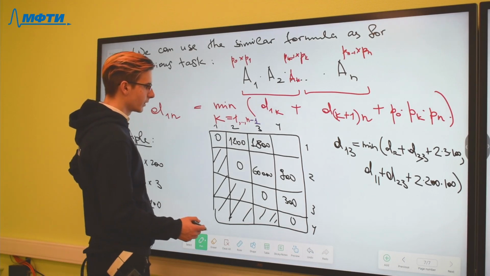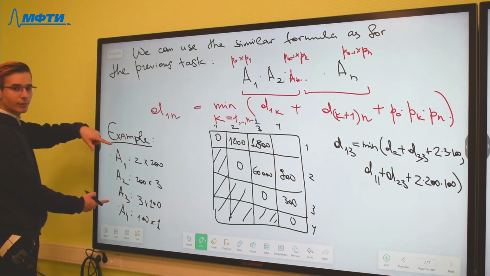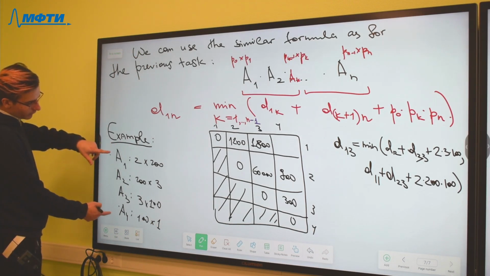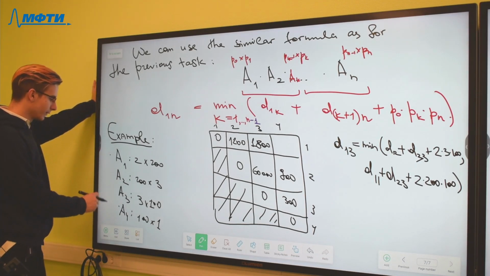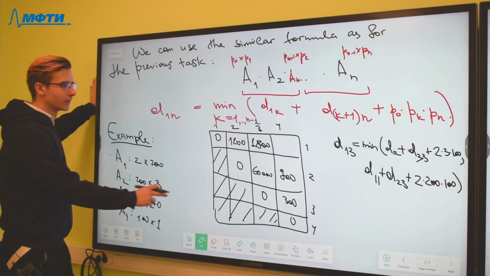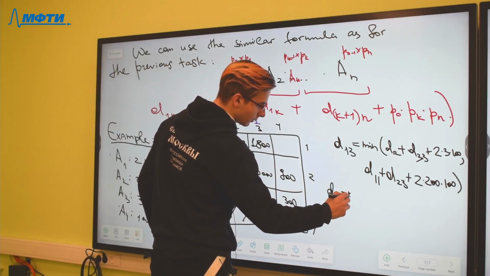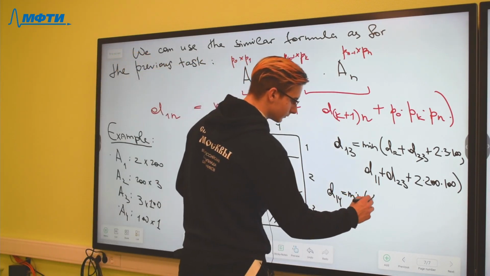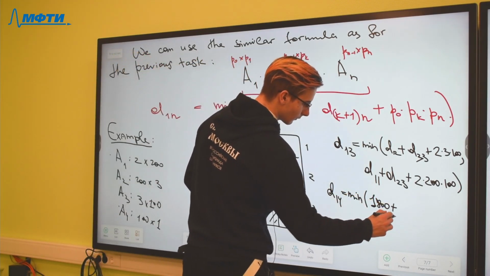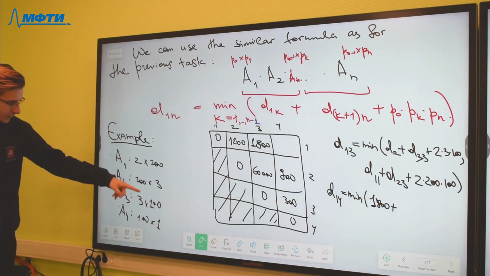We need to compare if we multiply firstly this, what? And then multiply, we know D1, 3, it's equal to this number, and add 200.